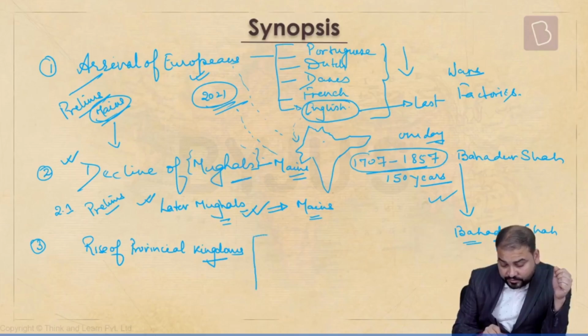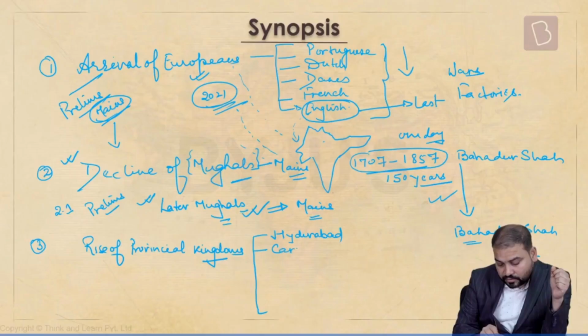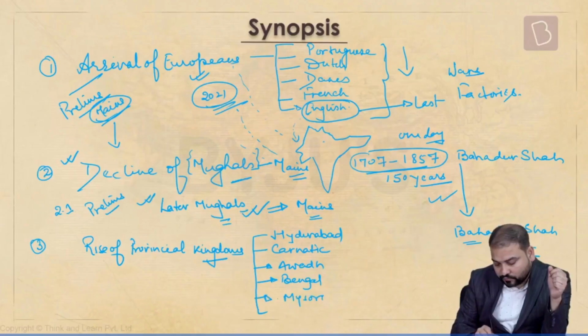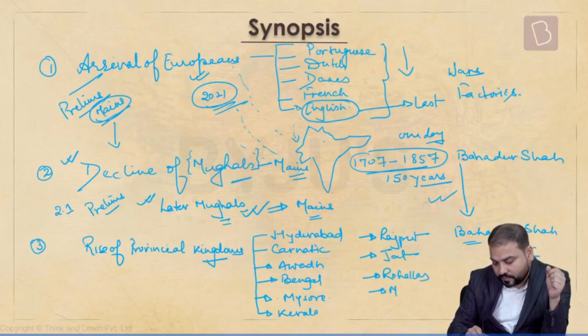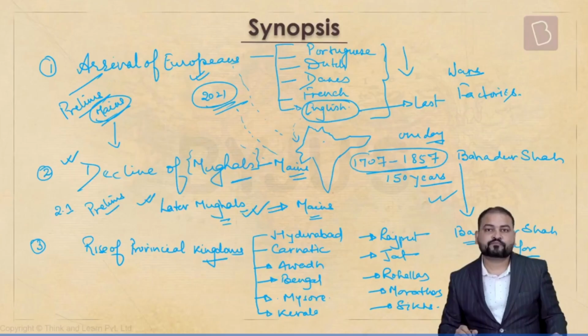Under the rise of provincial kingdoms, we shall see kingdoms like Hyderabad, Carnatic, Awadh, Bengal, Mysore, Kerala, the Rajput states, the Jat states, the Rohillas, Marathas, Sikhs.